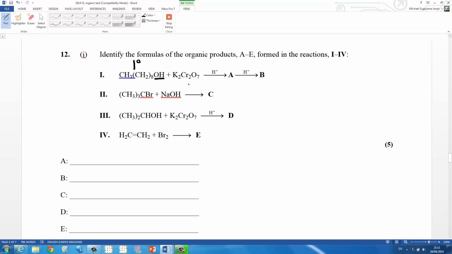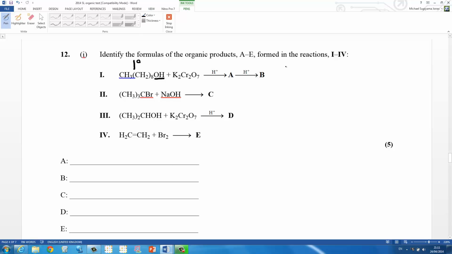There's the H+, there's the potassium dichromate. And we are oxidizing to A. And then we're oxidizing again to B. So if you remember about the oxidation of the alcohols, they first oxidize if you heat under distillation to A. And if you keep oxidizing them, you heat under reflux, you get to a carboxylic acid.